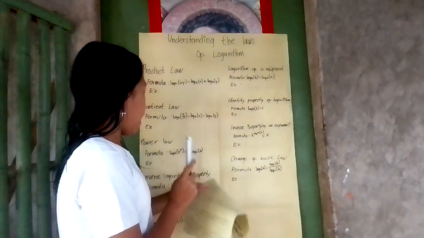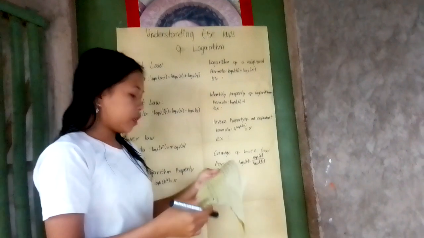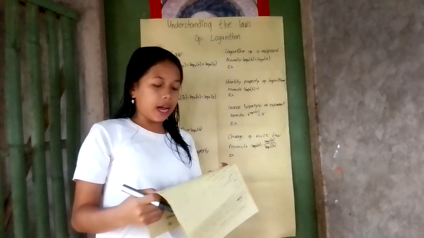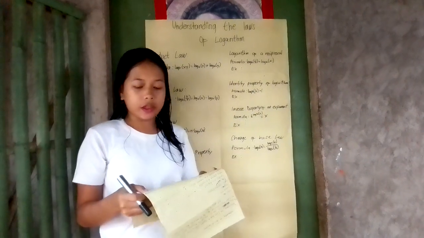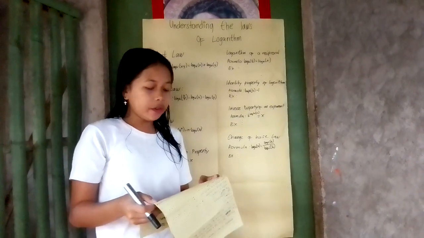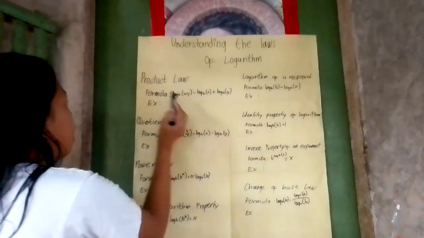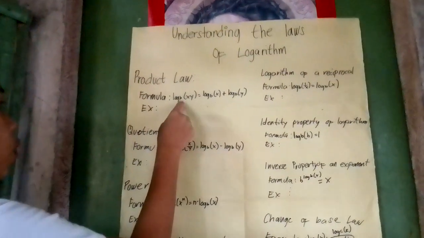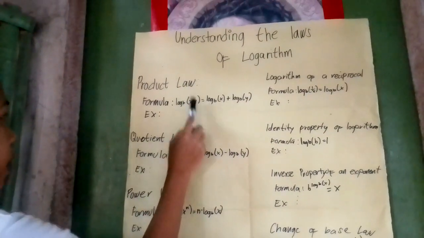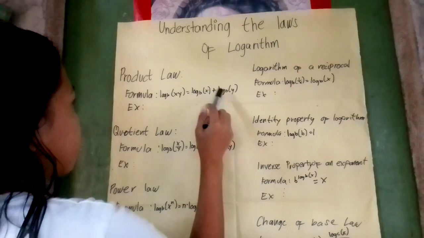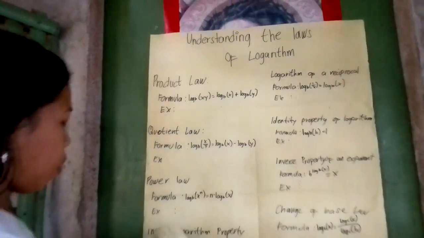First up we have the product law. This law states that the logarithm of a product is equal to the sum of the logarithms of the individual numbers being multiplied. So here is the formula of the product law. Log base b, quantity of x and y, equivalent to log base b, quantity of x plus log base b, quantity of y.